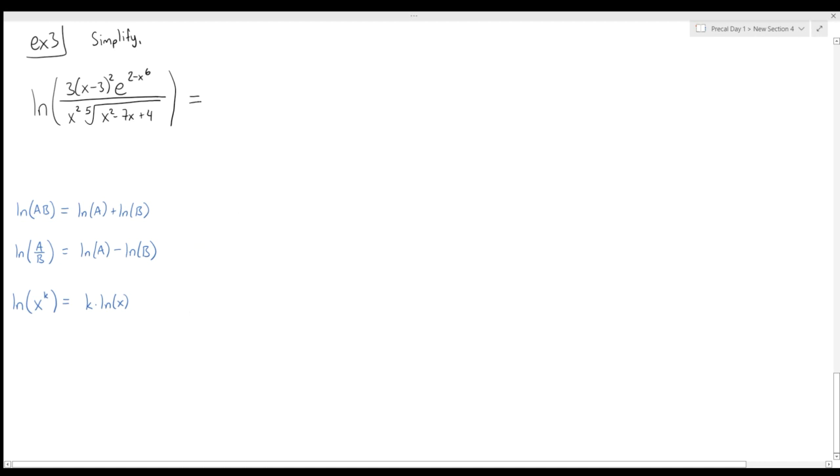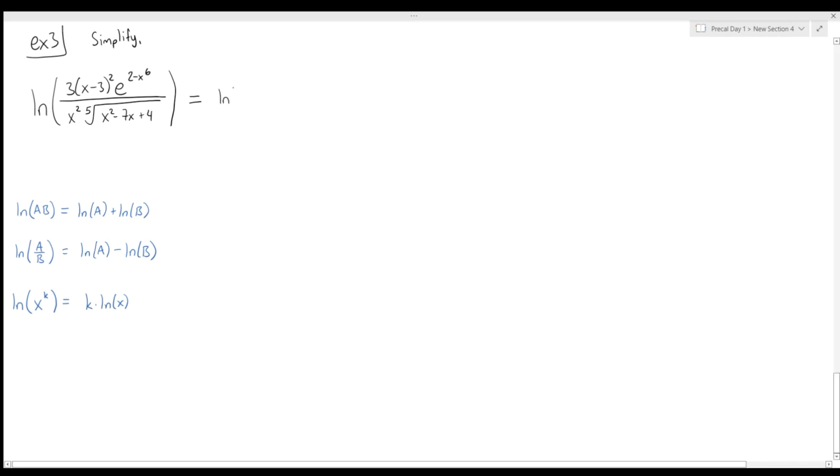So what I'll start with in this example is, in the numerator we have, you can think of it as having three things multiplying together, 3, x minus 3 squared, and the exponential. And then you also have two terms that are multiplying in the denominator, okay? So when you're splitting this apart, you can use the first two properties to separate it into 5 different natural logs.